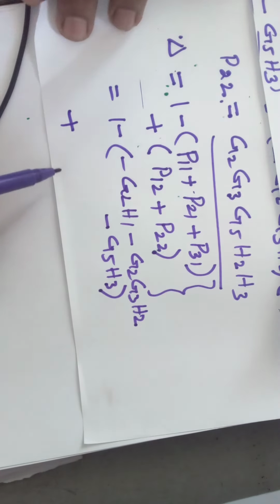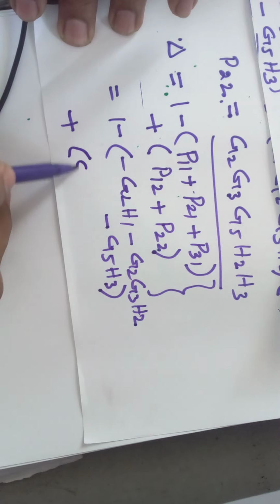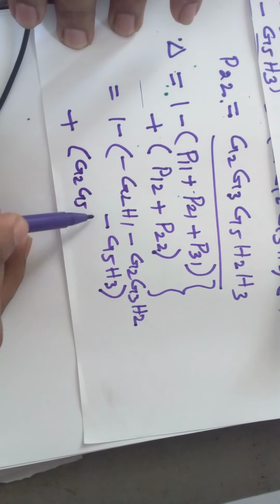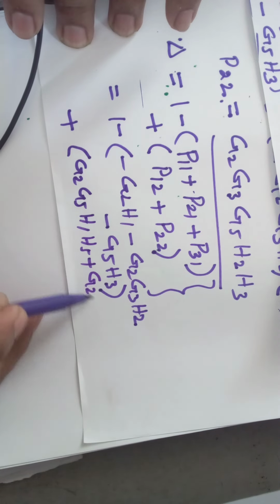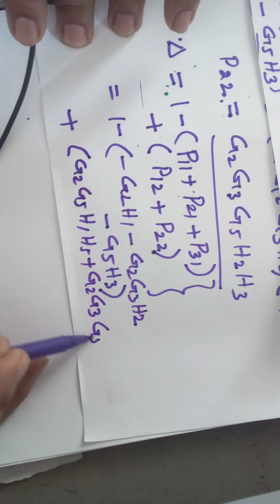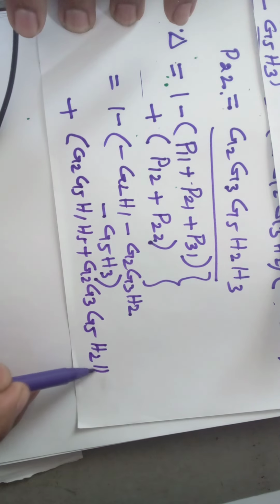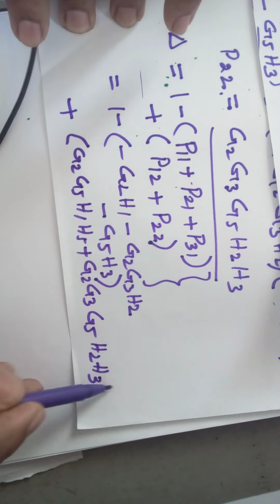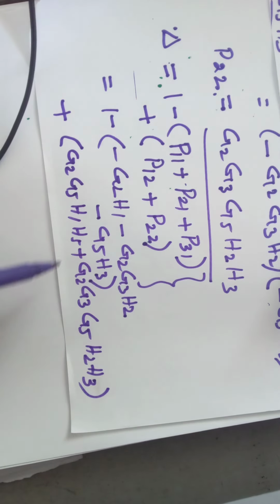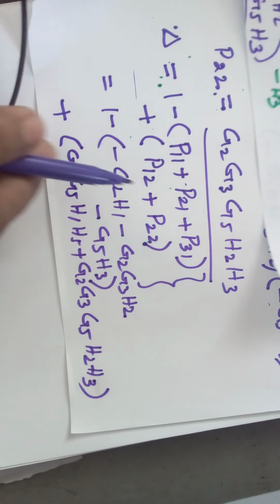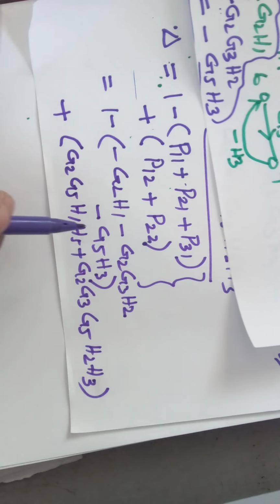Therefore it will become G2 G5 H1 H3 plus G2 G3 G5 H2 H3. This is the answer. Now you can simplify this, and you will get one answer.